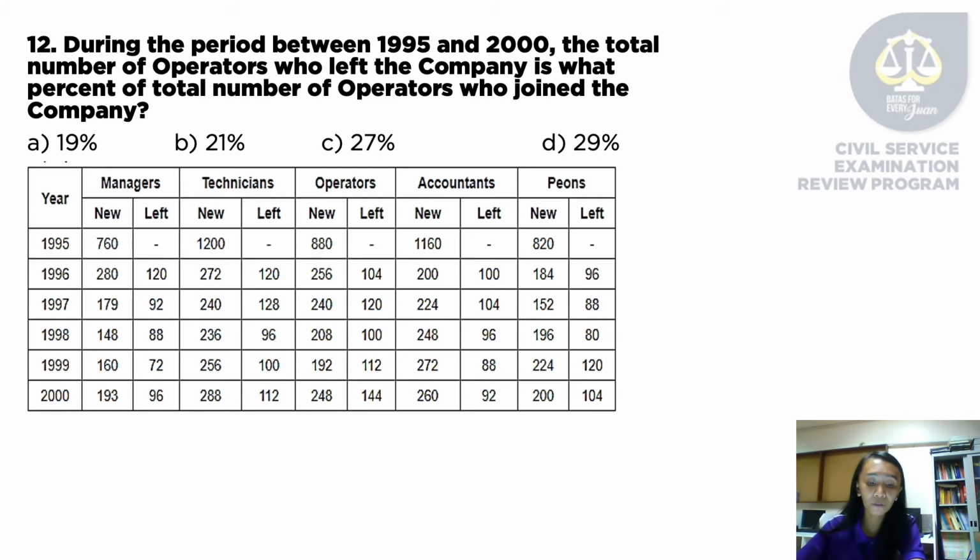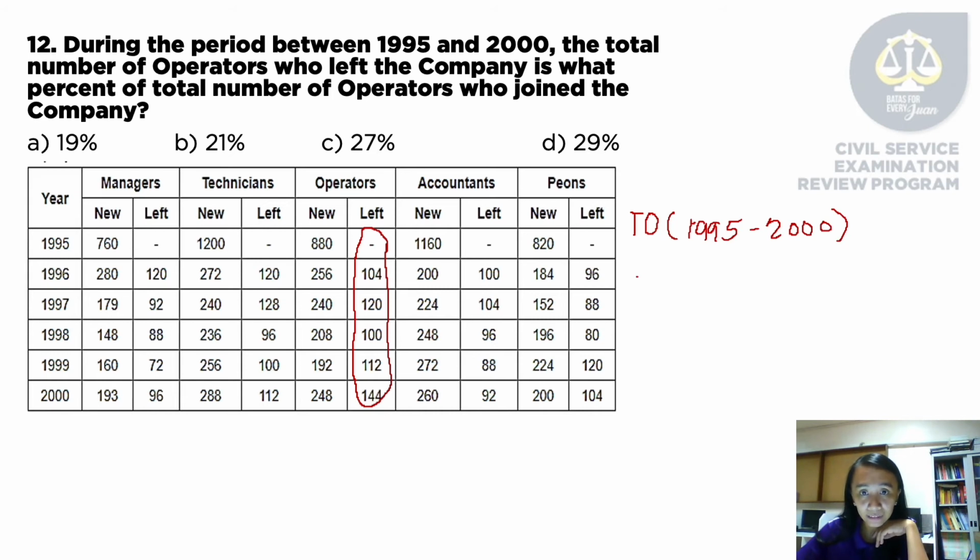We need to look for the total number of operators who left the company during 1995 to 2000. So ipag-add po natin 'yan. Okay, so that is the total operators from 1995 to 2000.